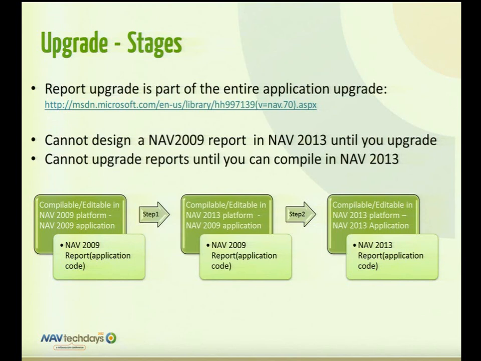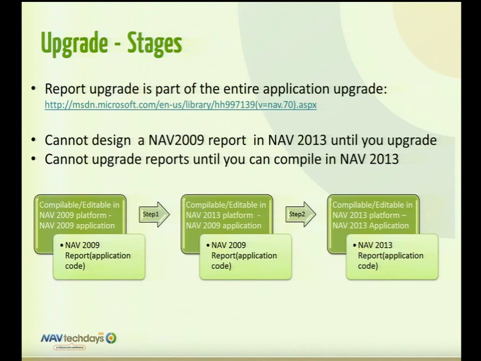You have a NAV 2009 report to begin with, compiling on a NAV 2009 platform, with NAV 2009 application objects around it. The first step is to move this into a NAV 2013 platform, but with NAV 2009 objects in it, not NAV 2013 objects. The report will also have application code pertaining to NAV 2009.